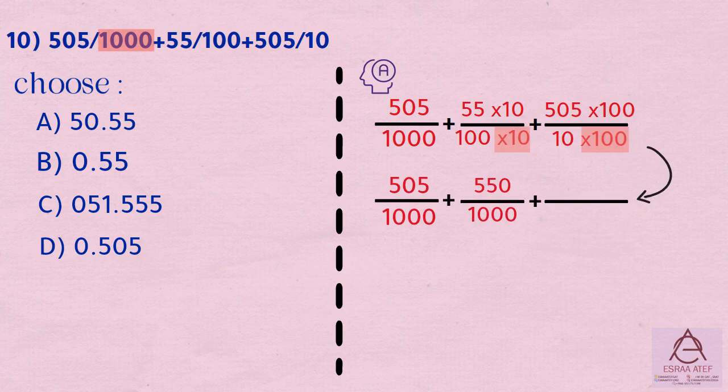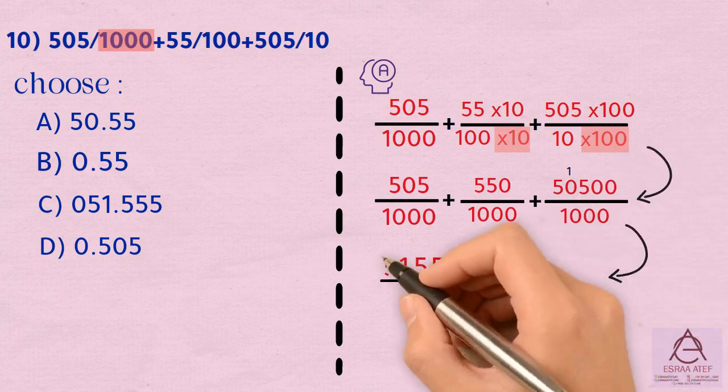Now that we have the same denominators, we will add them all. Here we can add the ones, the tens, and so on. So 0 and 0 and 5 is 5, 0 and 5 and 0 is 5, 5 and 5 is 10, 10 and 5 is 15, and we have 1, 1 and 0 is 1, and then 5.